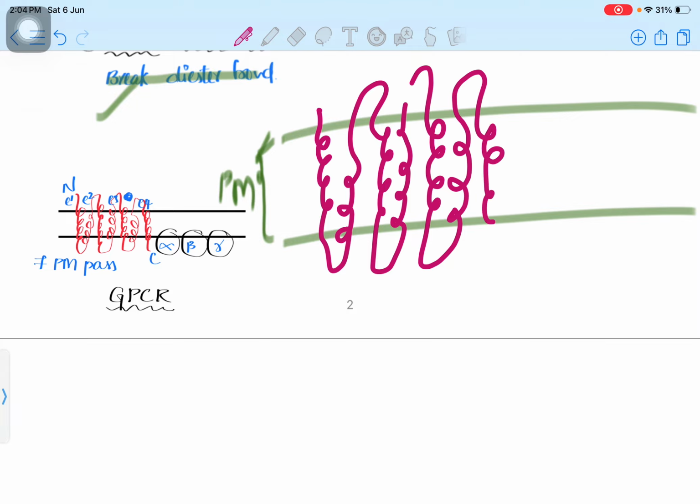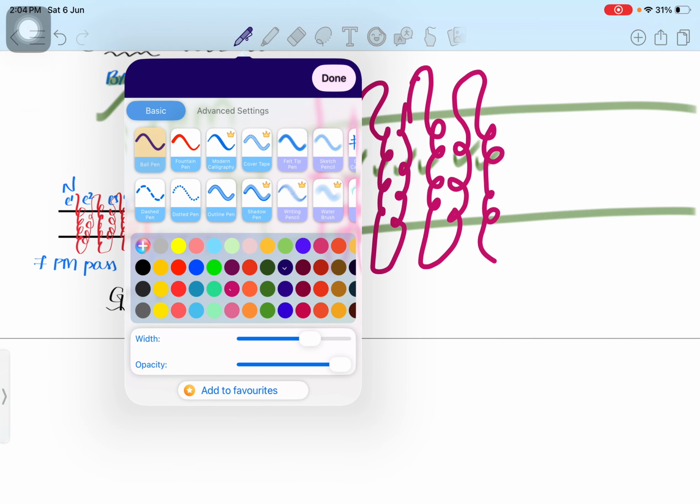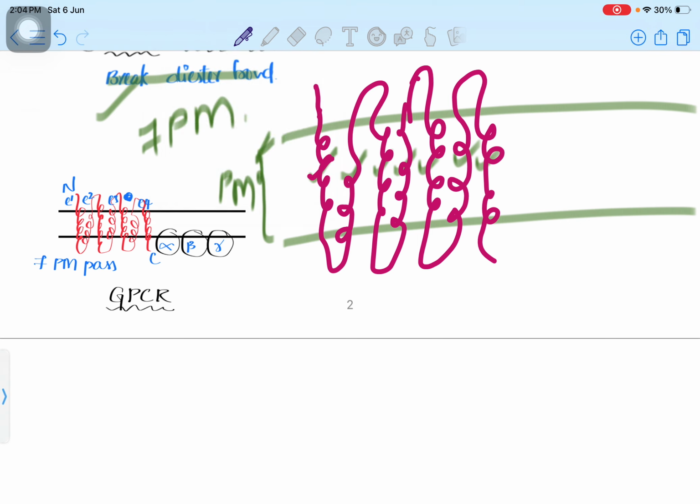This is one receptor which is present on the plasma membrane in this form. As you can see, it is crossing the plasma membrane. How many times is it crossing? You can count here: 1, 2, 3, 4, 5, 6 and 7. So 7 times it is crossing the plasma membrane. The GPCR receptor crosses the plasma membrane around 7 times.